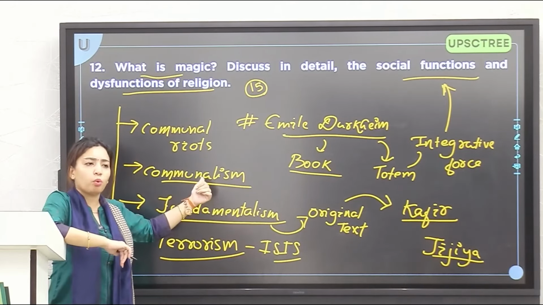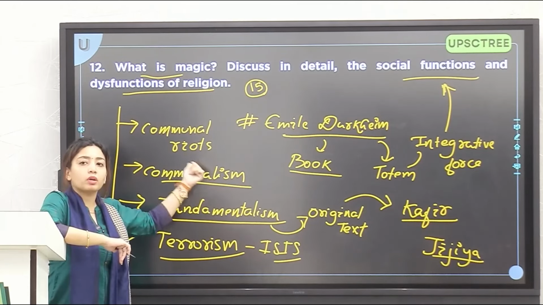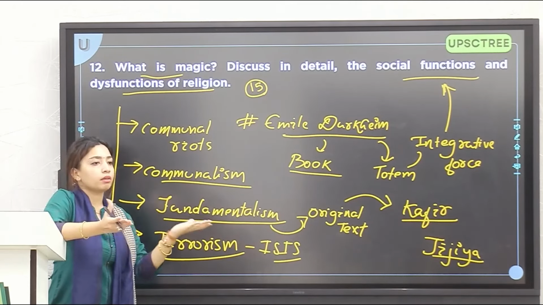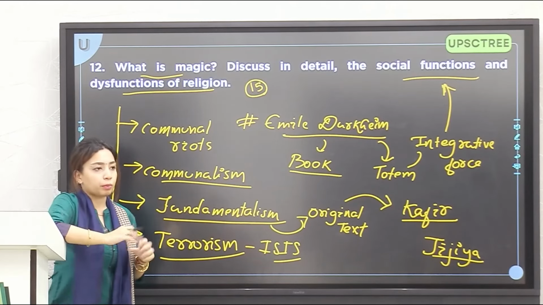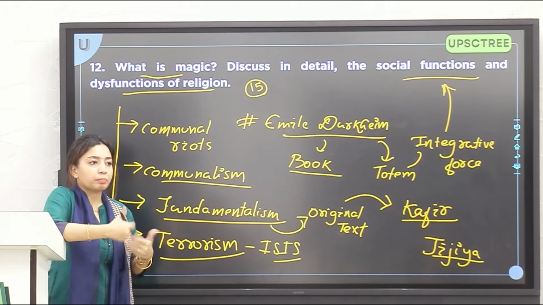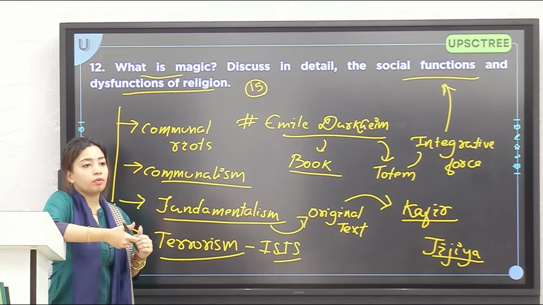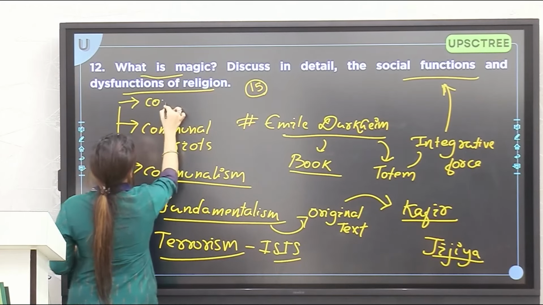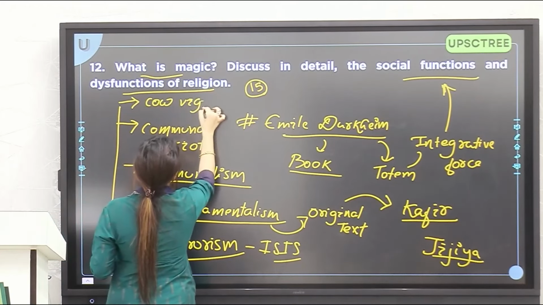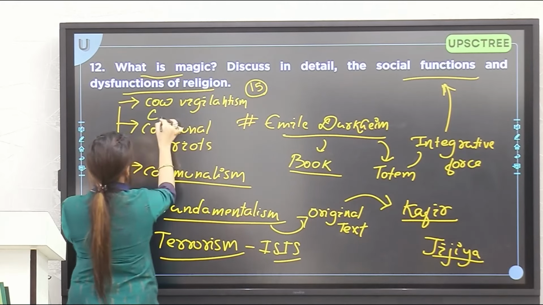Communalism, in India there are many good instances where communalism has happened. Communal riots, for example between Christians and Muslims during a procession. People will be instigated and they will go for it. You can also give the example of cow vigilantism, that is nothing but mob lynching.